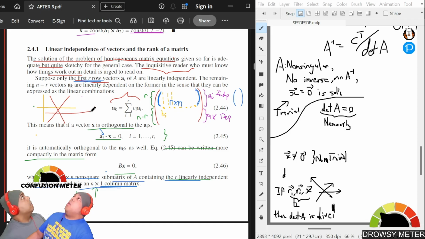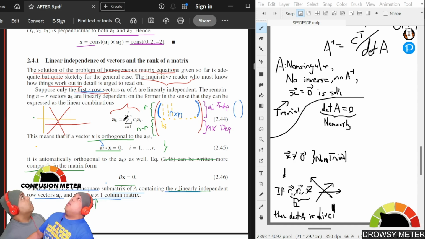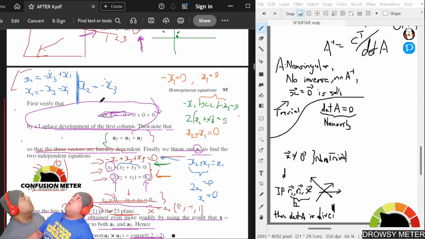For a 2D space, it's impossible to get 3 completely independent guys, because the third guy can be expressed as a combination of the first 2 guys. Because that's how planes work, I believe.